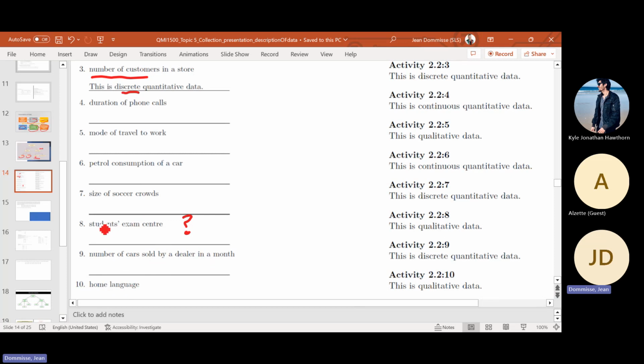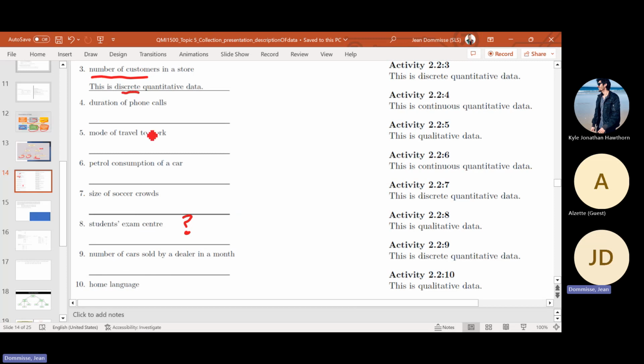Okay, and that's probably why Student Exam Center is also qualitative, because it's one exam center versus others. So yeah. Okay, so that is a way that they can ask you.